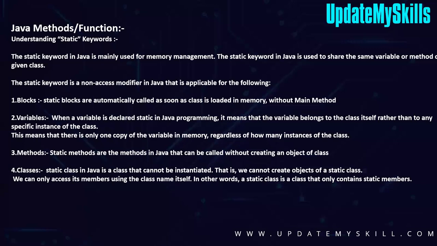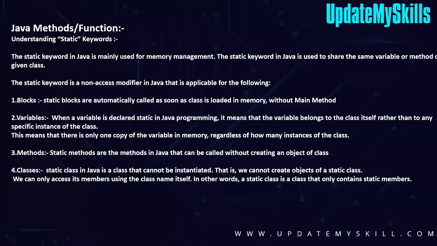We can use the static keyword for a variable, for a method, and for a class also. There are a lot of advantages to using the static keyword in programming. And there is one more called static blocks, which I have not talked about.